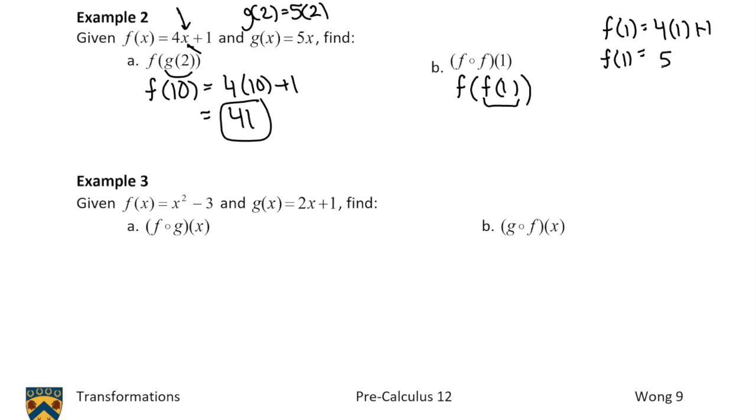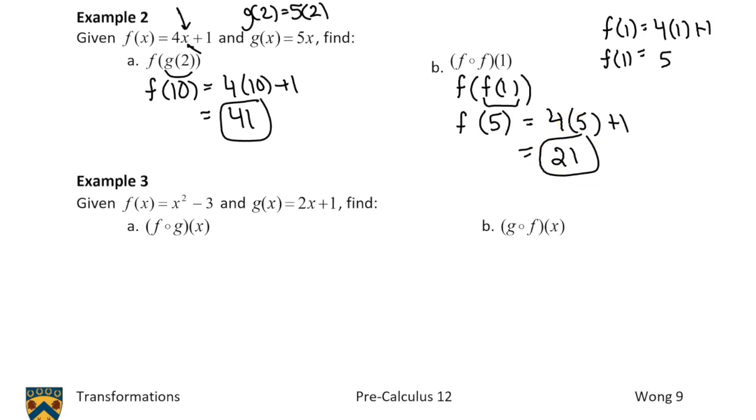And so then if that's the case, you now have f of 5. And so when I rewrite my f of x function, wherever there's an x, I can replace it with a 5. And I get a numerical answer of 21.